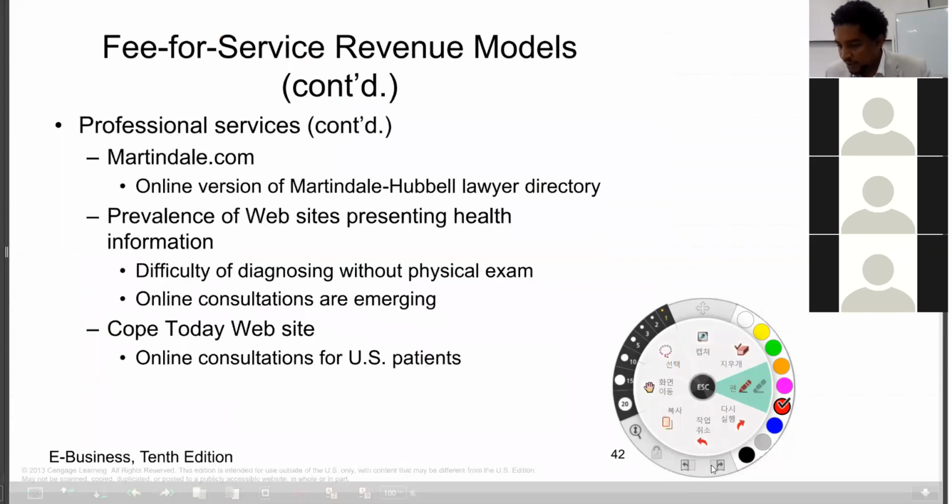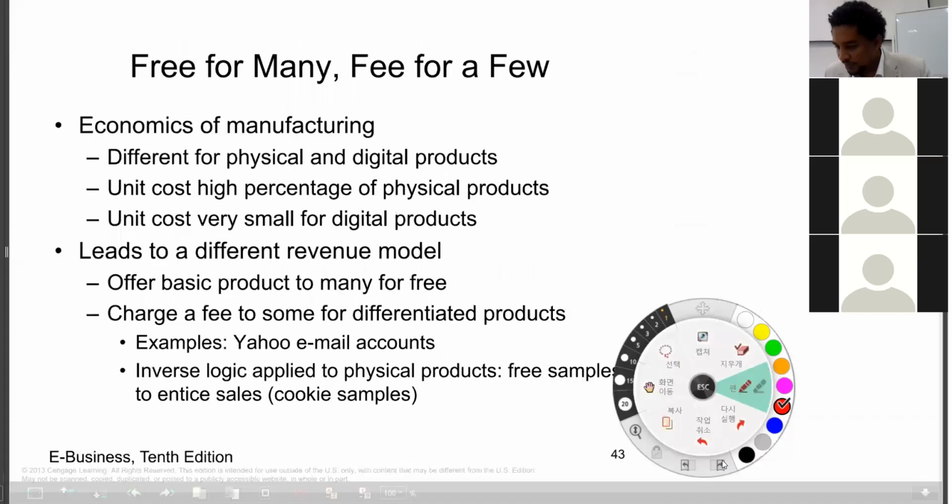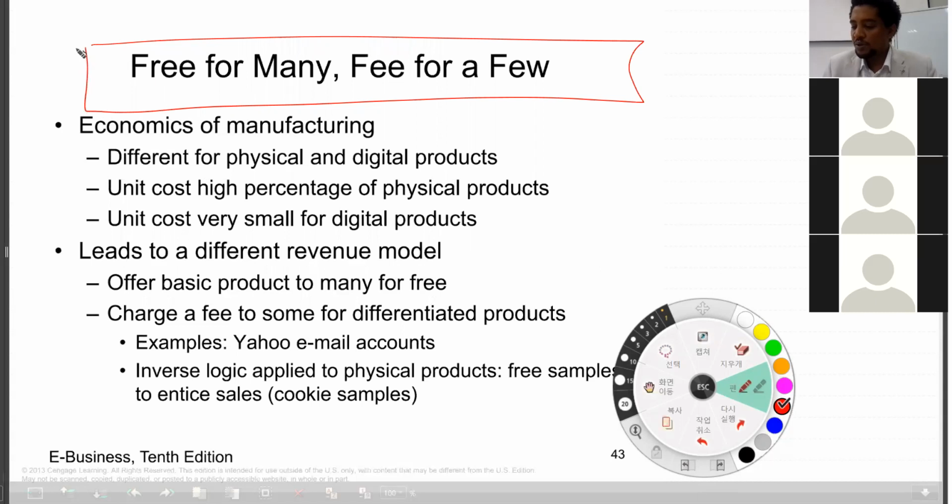So this is also again an explanation of the same thing, okay? I want you to read this. But let's talk about this concept. This is an economics concept: free for many and fee for few. This is free, okay?